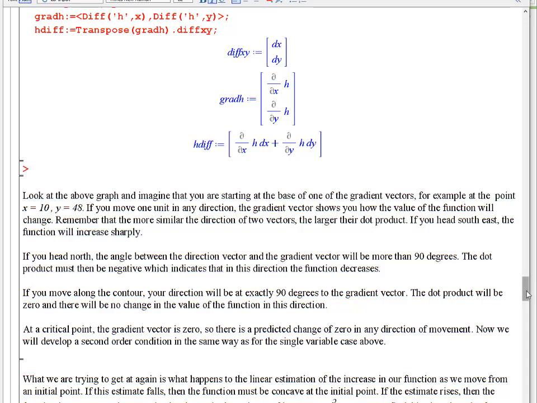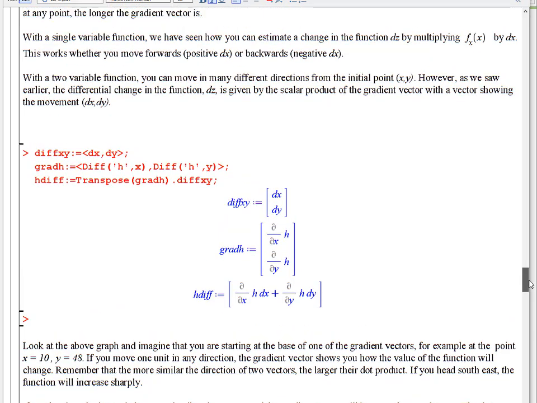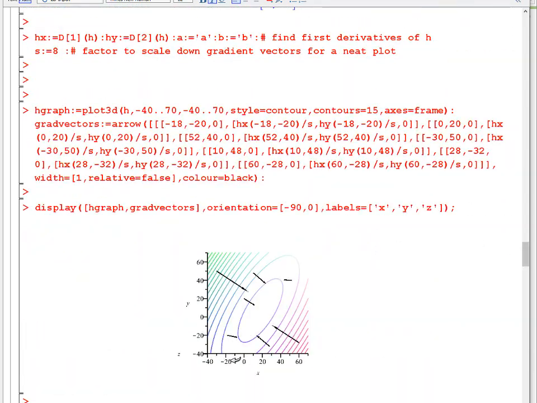So if you start from 10, 48 and go southeast, that's this one here, I think. Yeah, 10, 48, that's this one. So if you go southeast, then it's going to increase very sharply, because if you head in this direction, then the dot product of your direction vector, dx dy, with this vector will be very large.